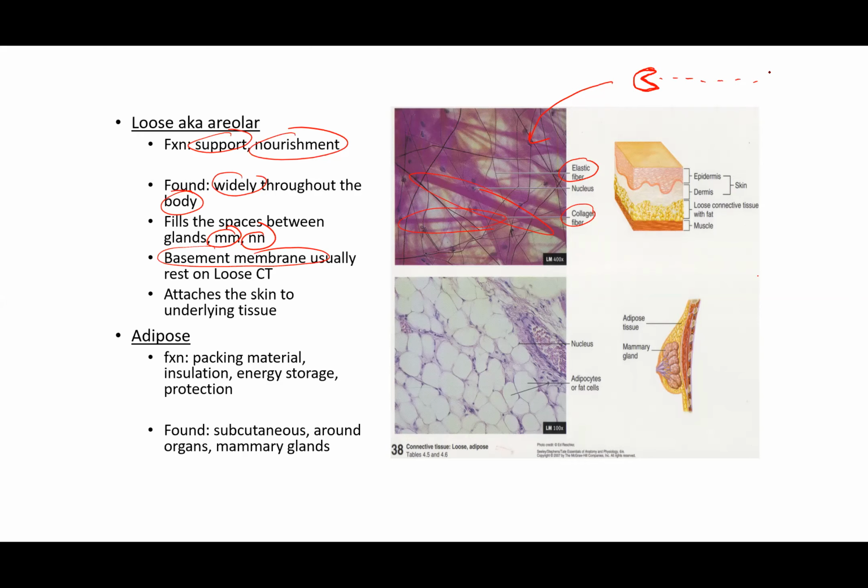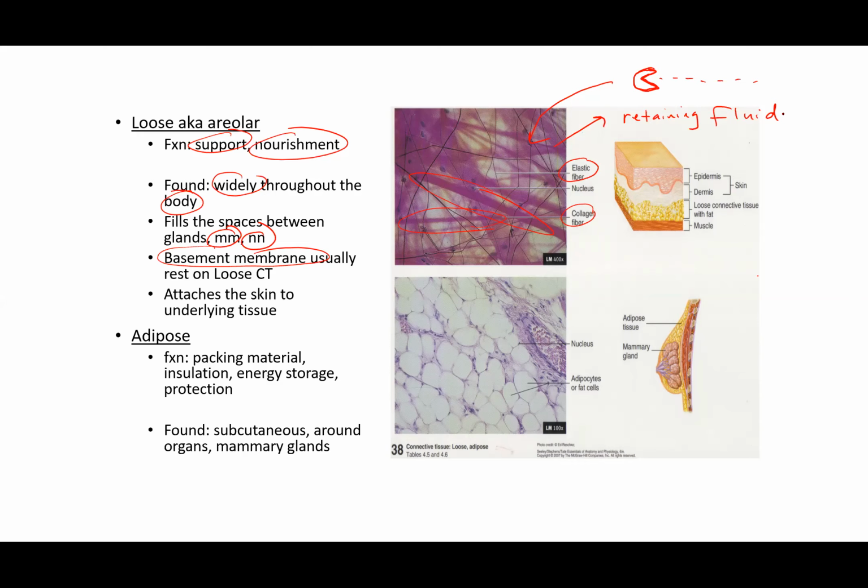Another thing that the loose connective tissue is good at is retaining fluid. Take your ankle, for example. If you roll your ankle, if you sprain your ankle, it swells.